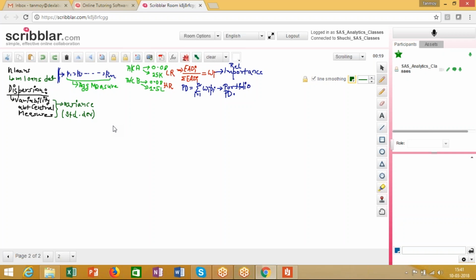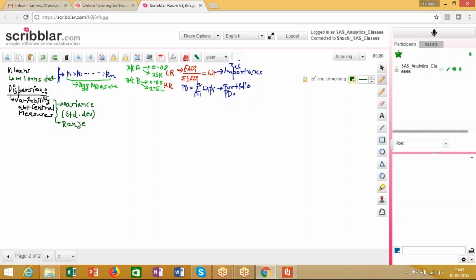Two of the most well-known and widely used measures of dispersion are variance and standard deviation. And there is another very basic measure of dispersion, and this is known as range. Right, so range is another measure of dispersion.